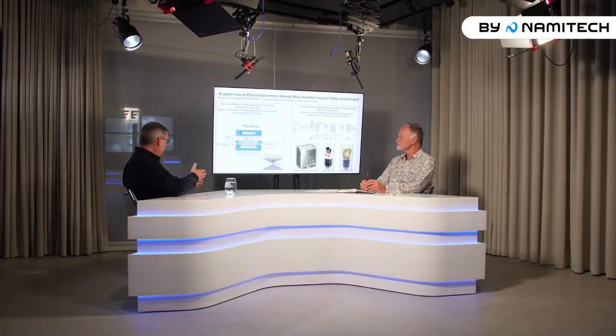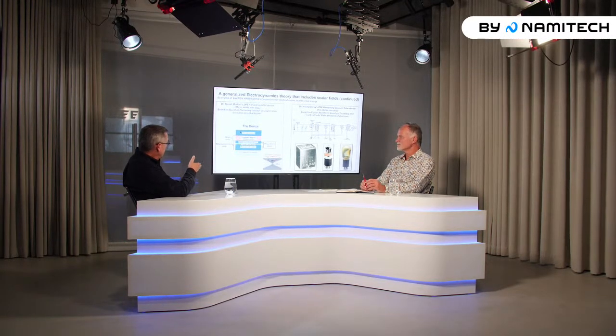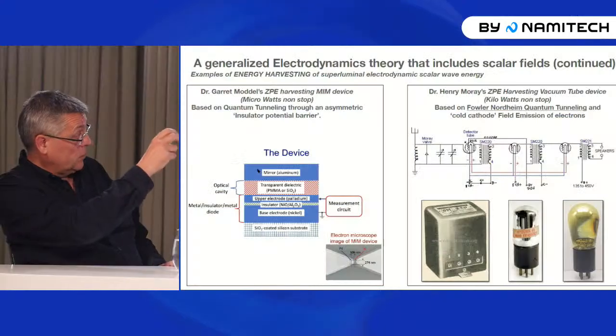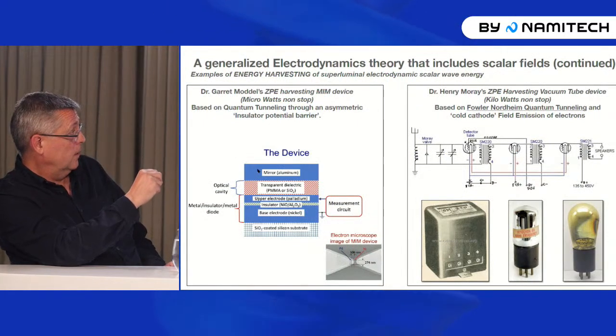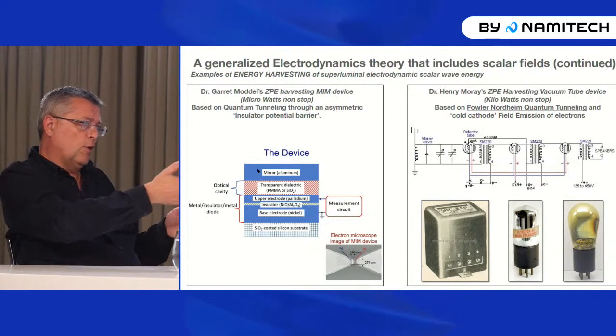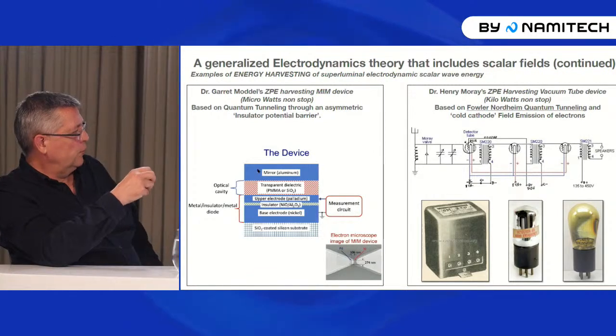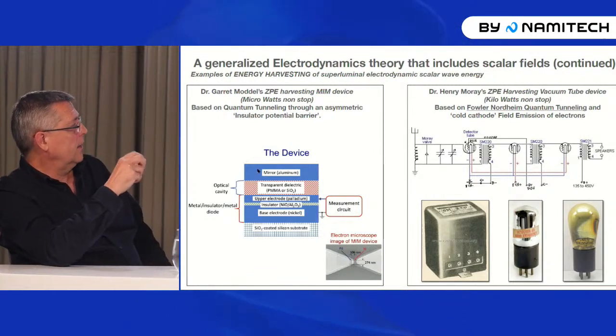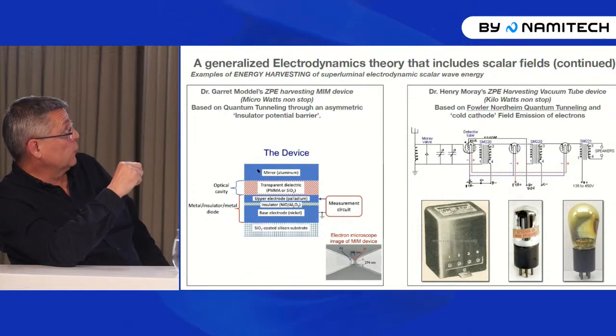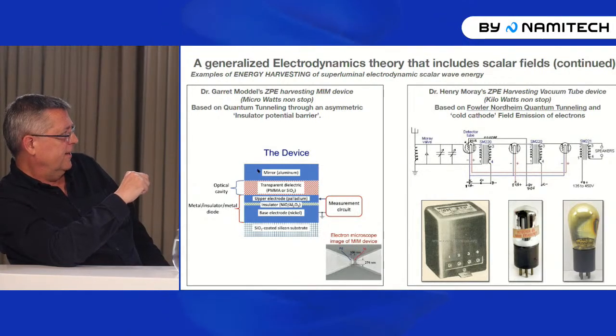So here I have a couple of examples of how what I told before applies to a device. That we have some type of quantum tunneling, and all of a sudden we have more energy. The first device that I would like to discuss is Dr. Garrett Model's micro device.